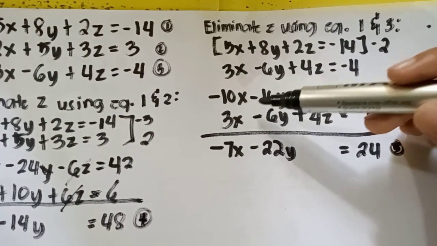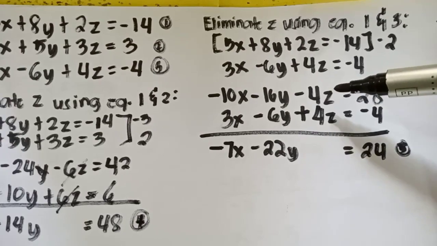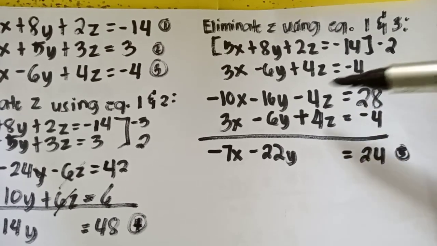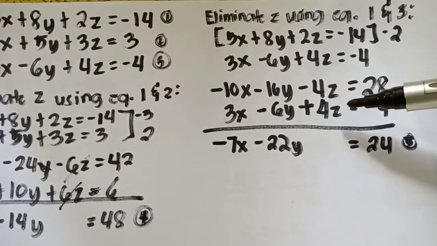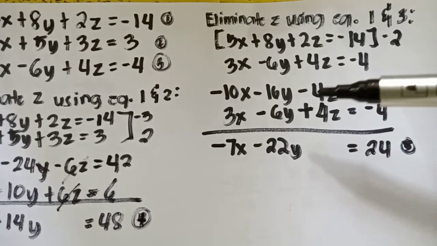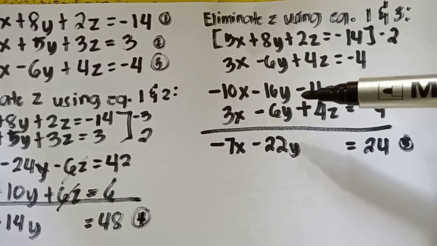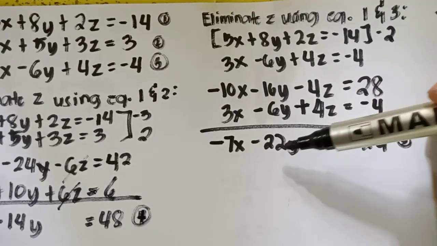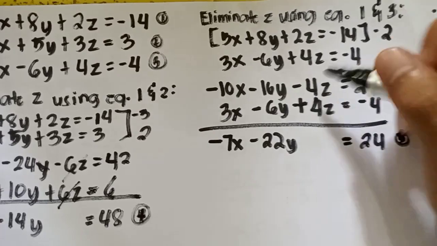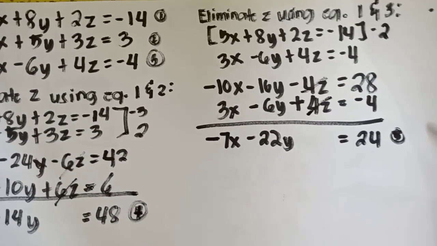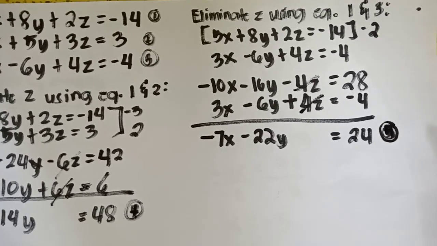So the answer is negative 10x minus 16y minus 4z equals 28, and then we will add the equation number 3, which is 3x minus 6y plus 4z equals negative 4. Negative 10x plus 3x is negative 7x, and then negative 16y minus 6y is negative 22y. Negative 4z plus 4z is 0. And then 28 minus 4 is 24. So this is our equation number 5.